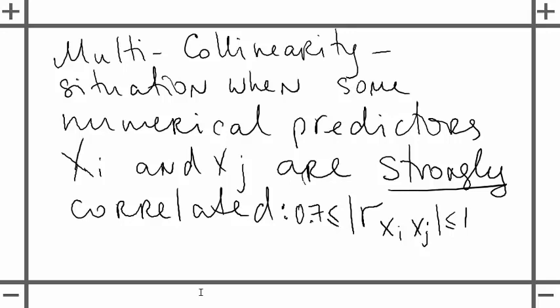So I'm going to have to take a look at all predictors and see which ones are highly, strongly correlated with each other. And if I find that any of my predictors are strongly correlated, that's actually a red flag. That doesn't necessarily kill us, but it can result in some really weird results in my model, and hopefully today we'll have some time for me to show you what that can be.